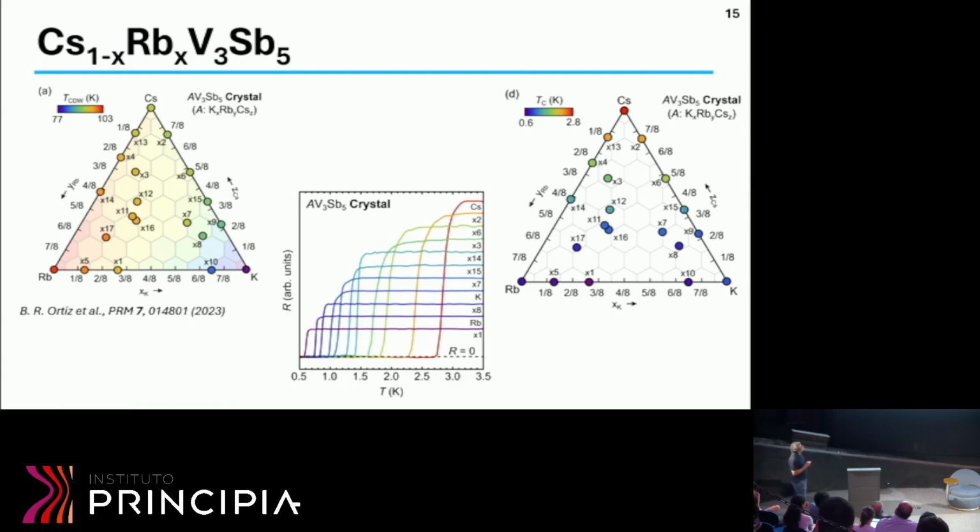And also, one can do some isovalent doping, changing the cesium for rubidium and potassium, okay? And then you go from one parent compound to another, slowly changing the property, the order temperature for the CDW and Tc, okay?